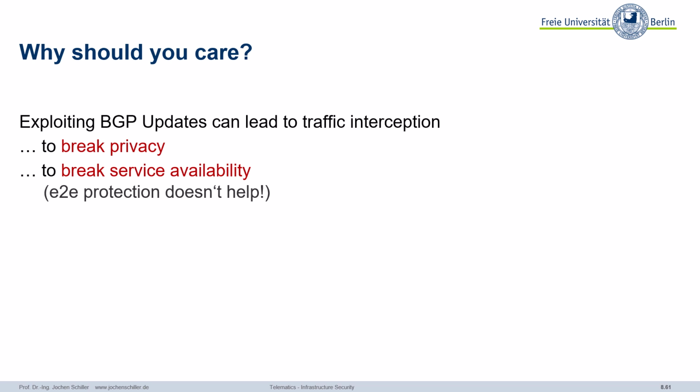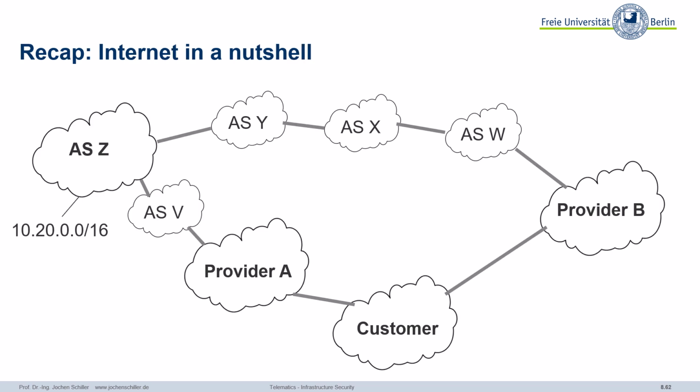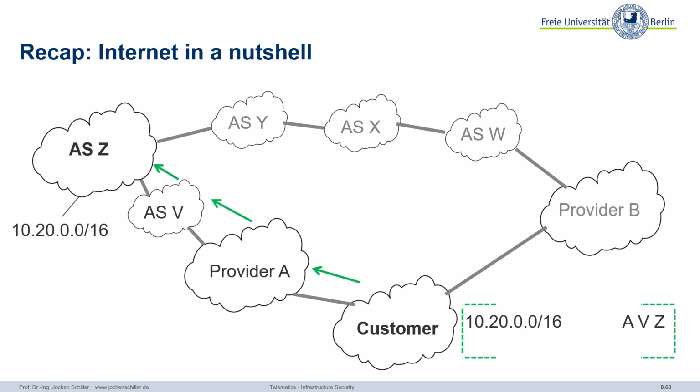So an example. We know roughly now how the internet looks like with the autonomous systems, and we know that certain prefixes belong to a certain autonomous system. And we know, when there's a customer, how to reach a certain prefix.